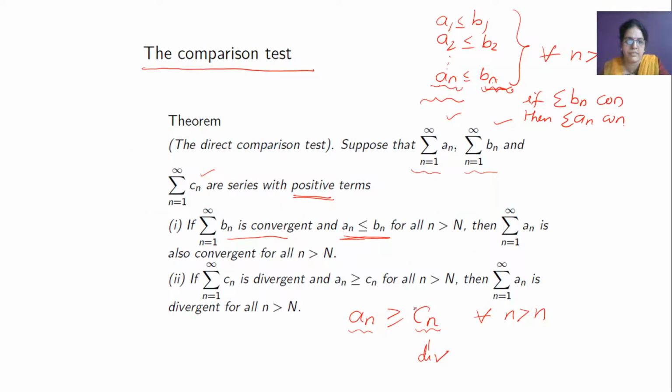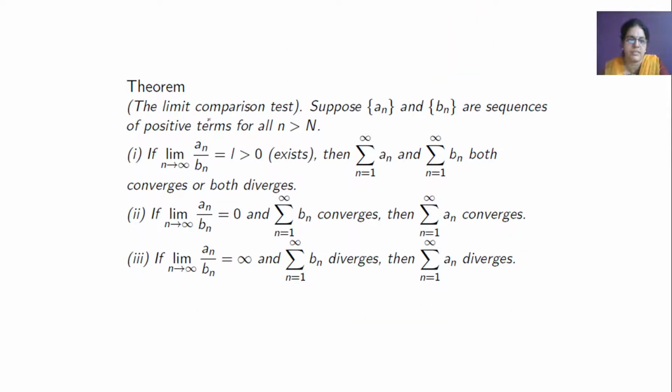This is the first form of comparison test, called the direct comparison test. Another one is called the limit comparison test, the second form of comparison test.